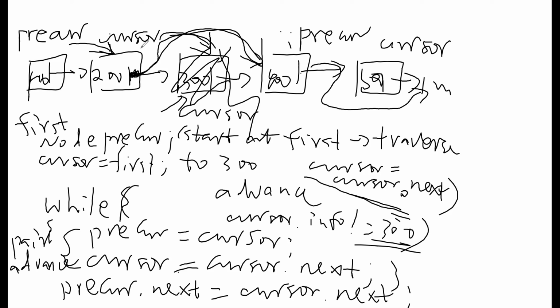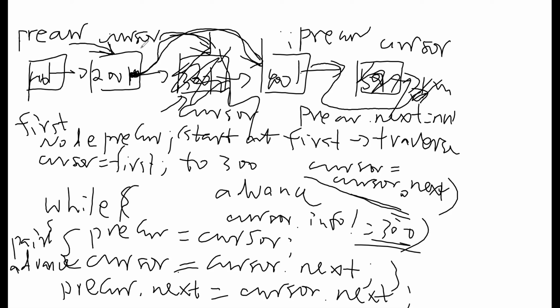It is a null. And then the precursor's next, in this case, is a null. So it does take care of the case also. So the code itself over here takes care of both scenarios. You can erase in the middle, you can also erase the last node. Both cases are taken care of.